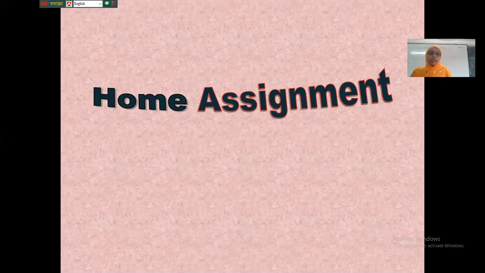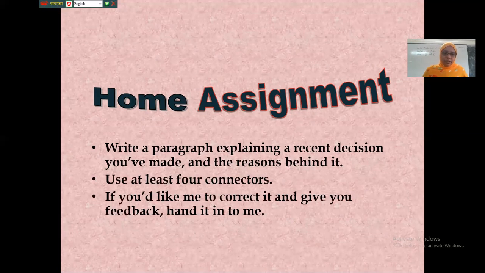Students, I will give you a home assignment, and that is three tasks. One, write a paragraph explaining a recent decision you have made and the reason behind it. Two, use at least 5 connectors. Three, if you would like me to correct it and give you feedback, hand it in to me.